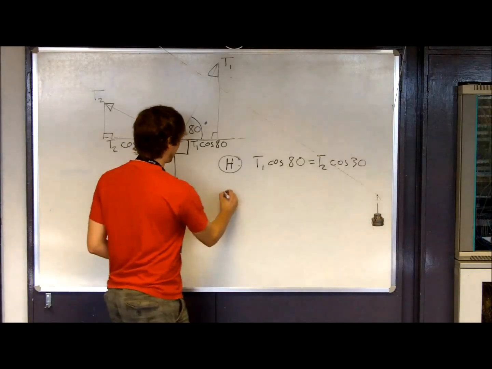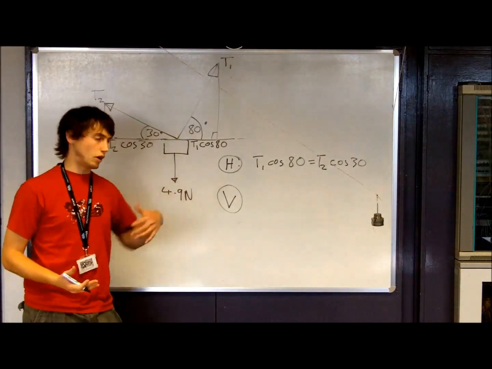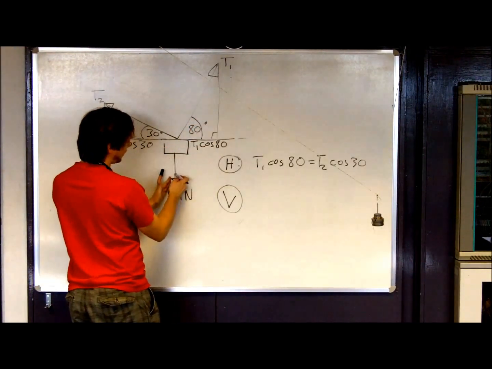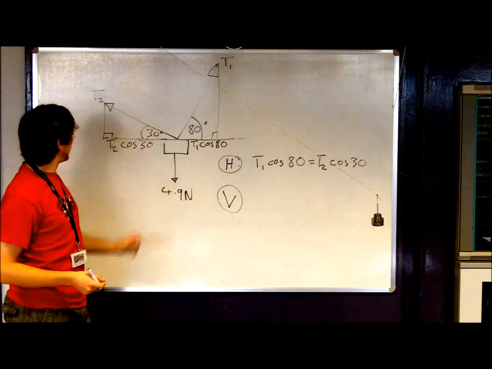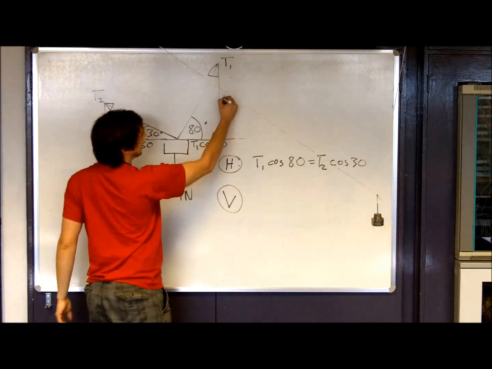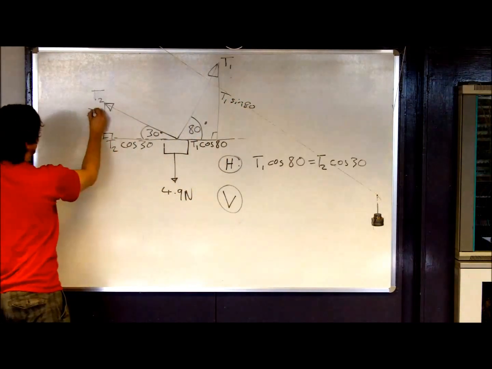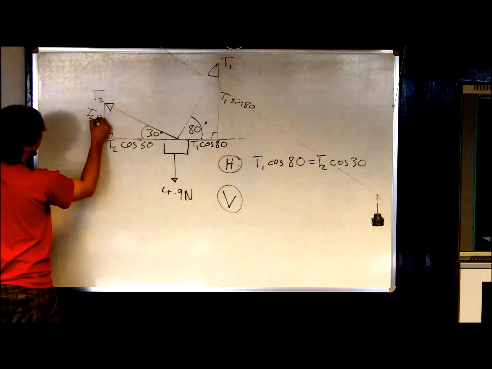Then we're looking at our vertical plane. Now in our vertical plane, we've got two components acting upwards, one downwards. We've got these two vertical components acting up, and this one acting down. So these two added together must be equal to this one here. Now, using trigonometry again, we can define that as T1 sine 80 and T2 sine 30.